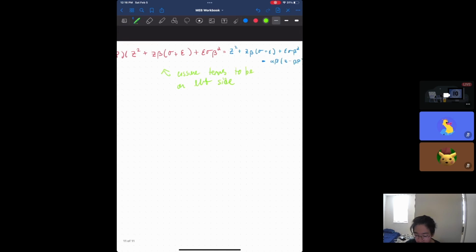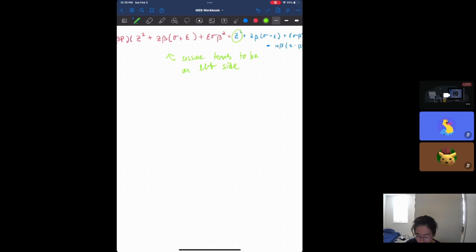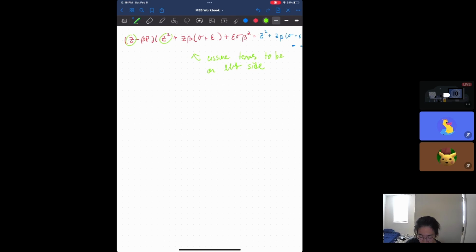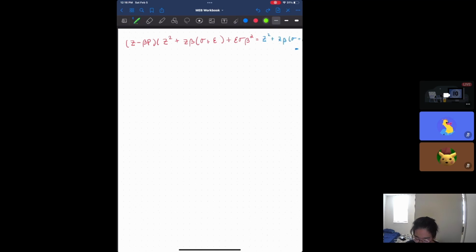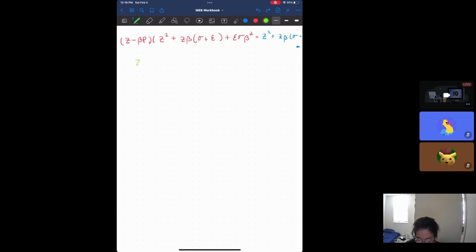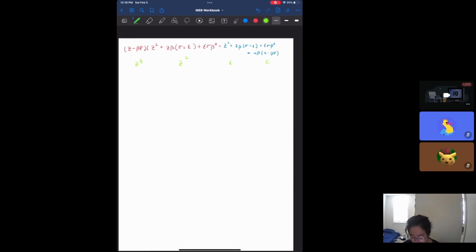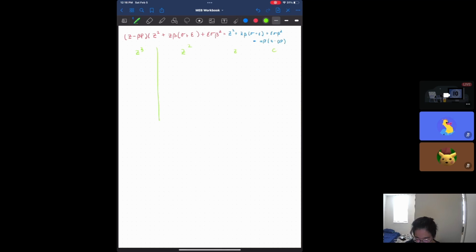So, in other words, this z squared will be negative, right? And this z cubed will remain positive. I hope that makes sense. And let's set up our table. We'll have z cubed, z squared, z, and constants. And we'll go through each, and it'll be in a bit more organized nature.